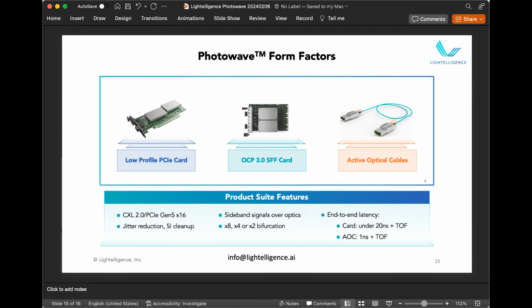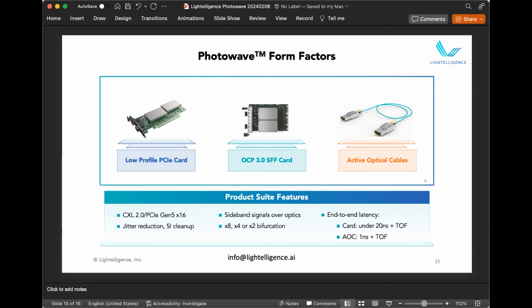We also have the OCP 3.0 NIC card form factor shown here, so you can purchase it as a NIC card. It's a little bit more compact than the PCI card. And we also have the active optical cables. We have in development a CDFP and QSFP-DD, and we're also seeing other requests as more customers come online.